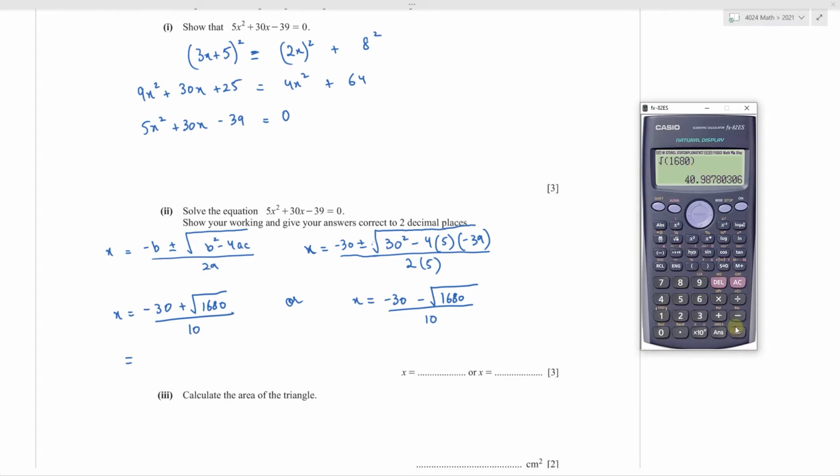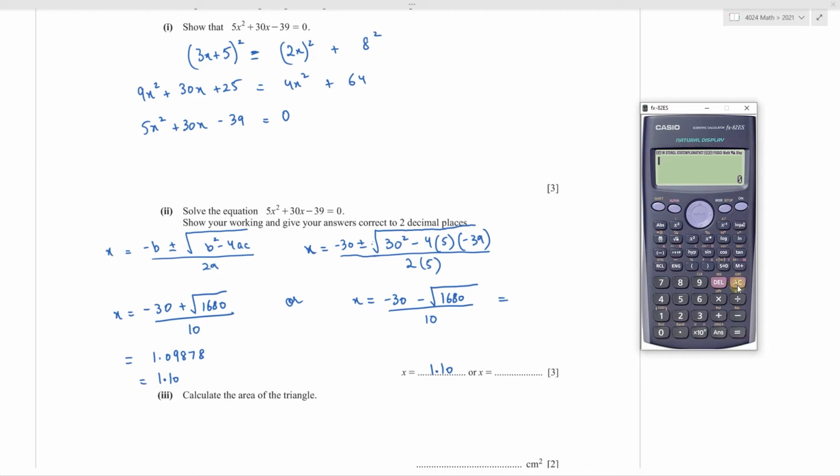So square root of 1680 is this, and then minus 30, and then divide by 10. So this is 1.09878, and up to 3 significant figures this will be 1.10. So one possible value for x is 1.10.